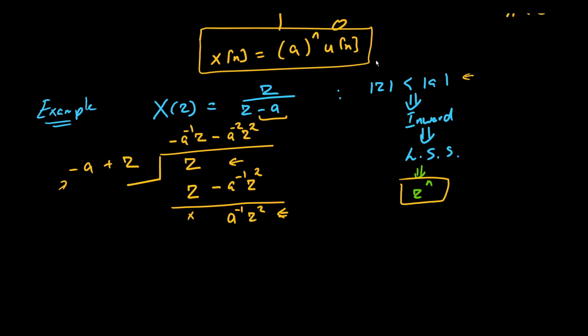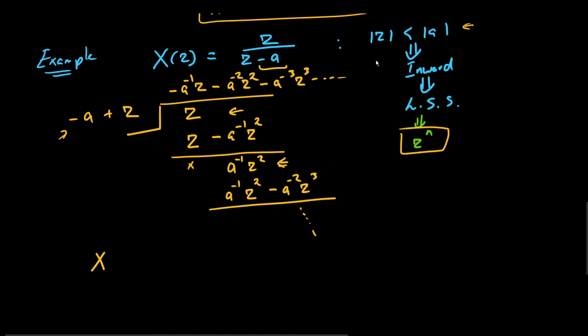If we multiply these two together, we would have a⁻¹ z² plus minus a⁻² z³, and it would continue to grow. So next you would have a⁻³ z³ minus, and it would continue to grow.